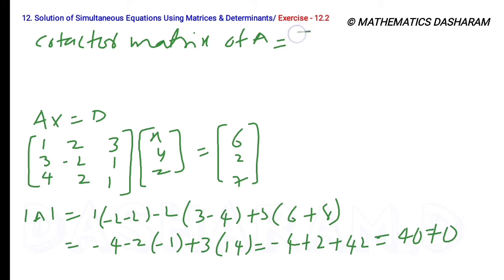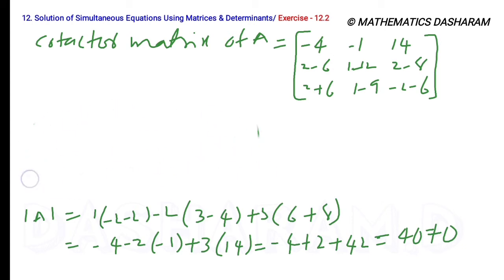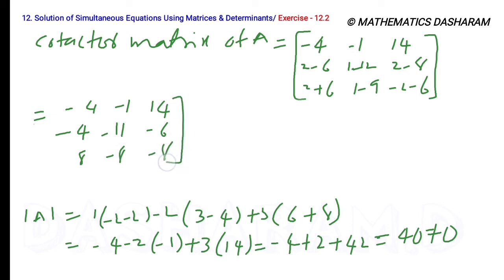Let's find out the cofactor matrix of A. So then it is equal to minus 4, minus 1, 14, 2 minus 6 is minus 4, 1 minus 12 is minus 11, 2 minus 8 is minus 6, 2 plus 6, 8, minus 8, minus 8.